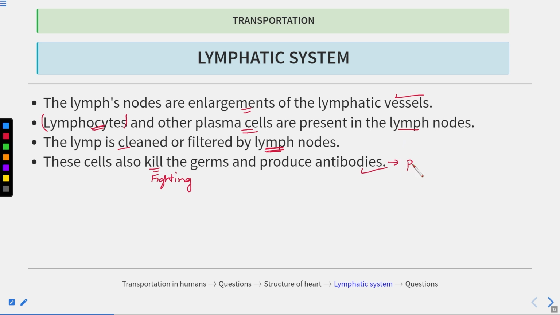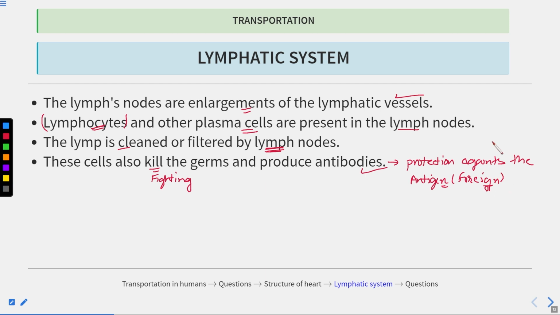Again, it gives us protection against foreign particles, or you can say against the foreign antigen, which the body cannot recognize as self.